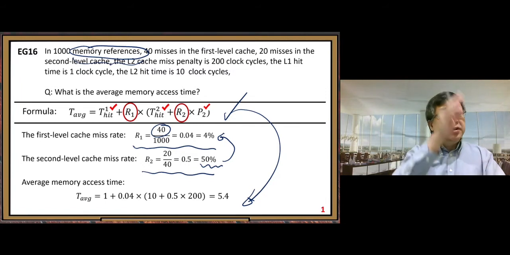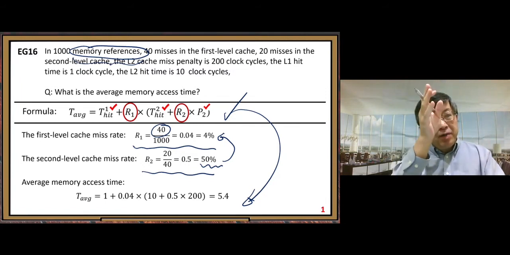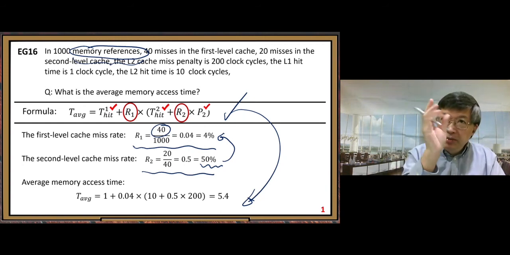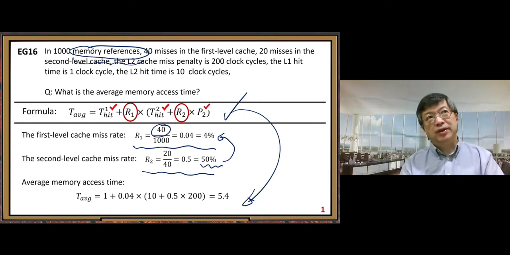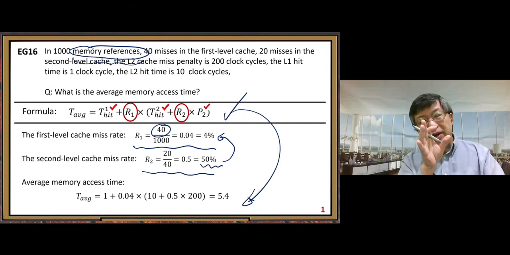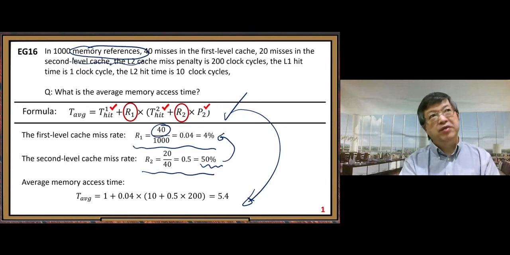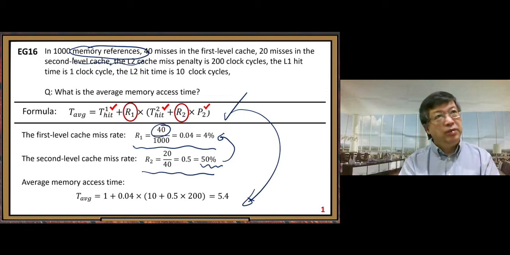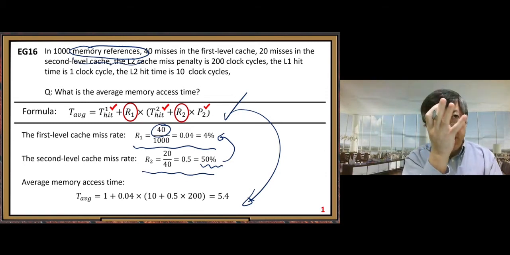All right. The next example is closely related to this one, but I changed it a little bit to get your attention, because if you do not pay attention to that part, it's very easy to get a wrong answer.